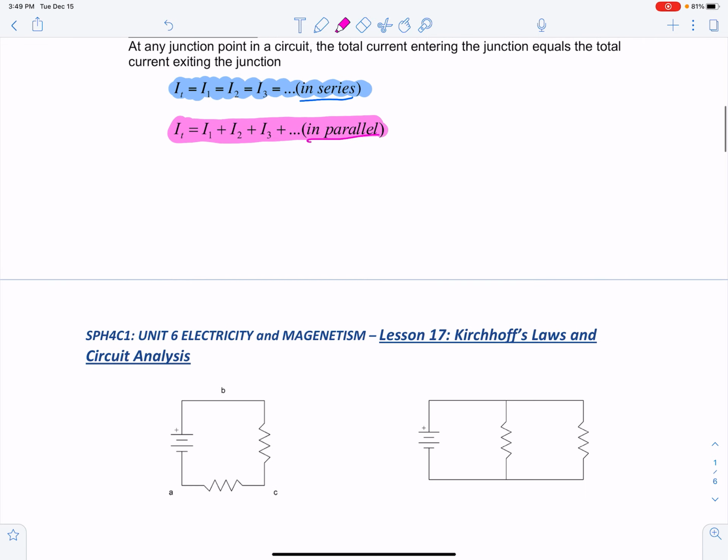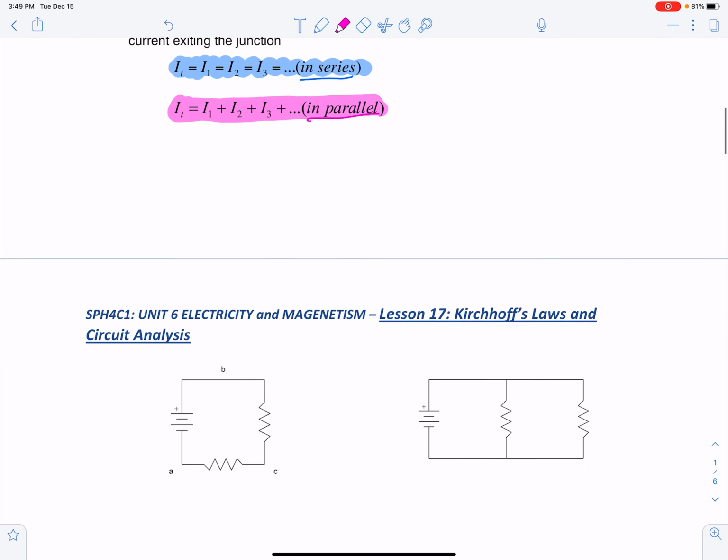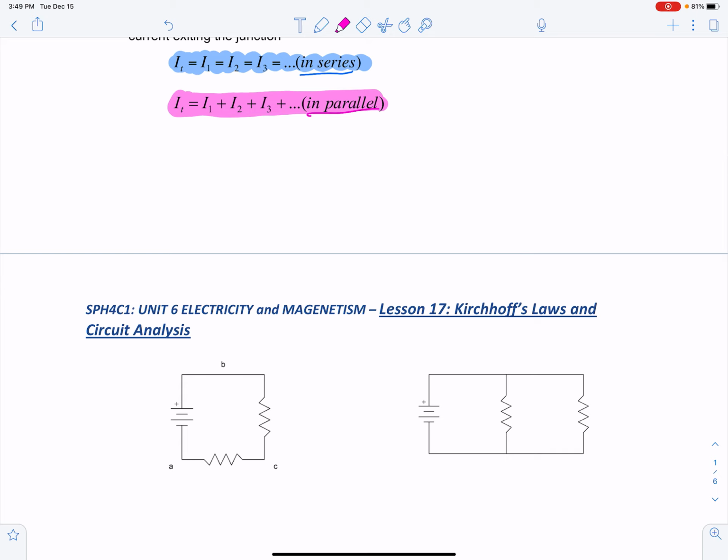Let's do a similar example. This time we're going to use a series circuit and a parallel circuit. We'll start with the series circuit first. So we'll use Kirchhoff's law for series circuits. And in this question, what I want you to find is, if we know the total current, so I'm just making up this example, the total current is 0.50 amps, then what is the current past resistor number 1 and what is the current past resistor number 2?